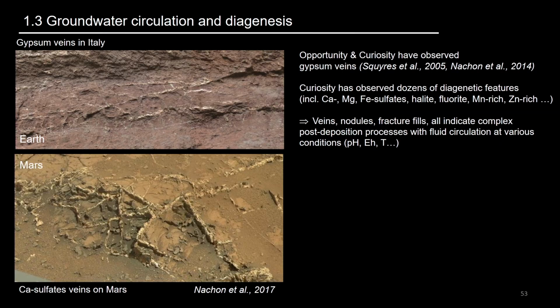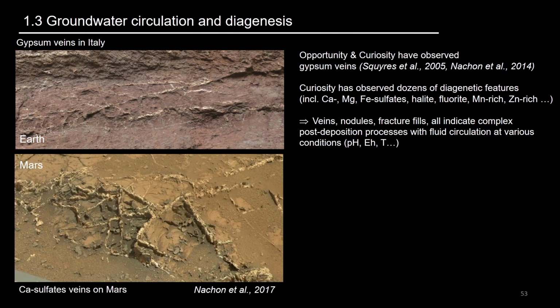Another location which is of interest at Gale Crater, you can see all these veins here. I've shown you some earlier. These veins are calcium sulfate veins, mainly anhydrite and bassanite. They are very similar to what you can find on Earth as veins here. And those veins have been everywhere with Curiosity. We have observed dozens and dozens of veins from the start of the mission.